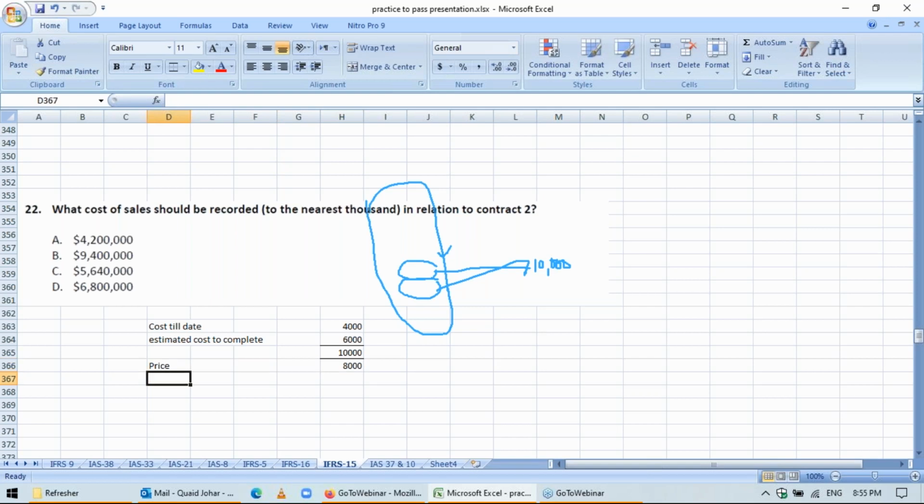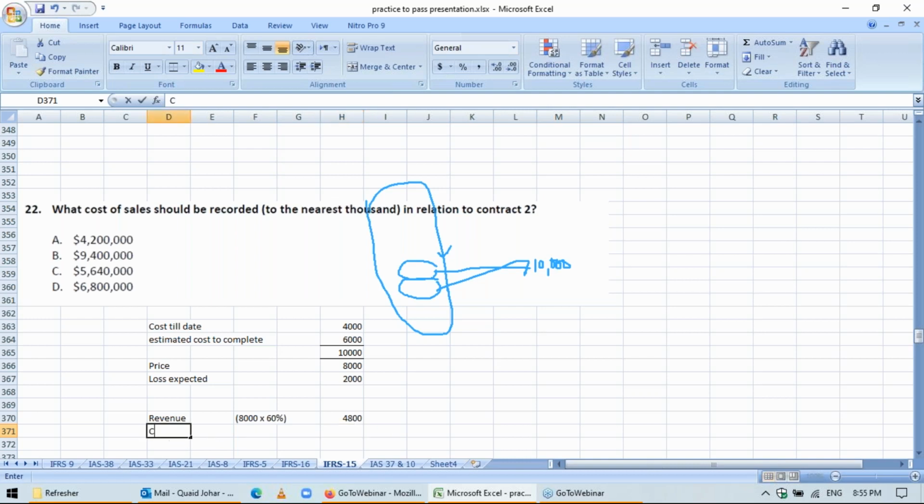So what needs to be done? Loss expected is 2,000, which needs to be recognized immediately. So how will we do it? Revenue will be recognized on the basis of percentage of completion, 8,000 multiplied by the 60% which has been completed. So the revenue will be 8,000 multiplied by 60%, which is 4,800.